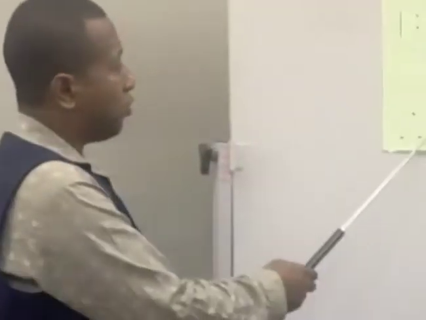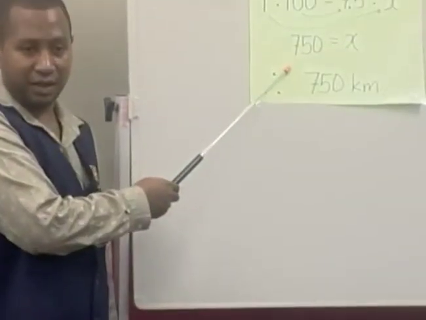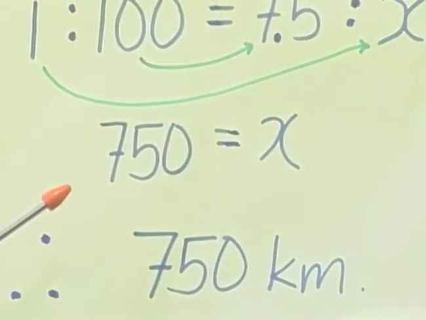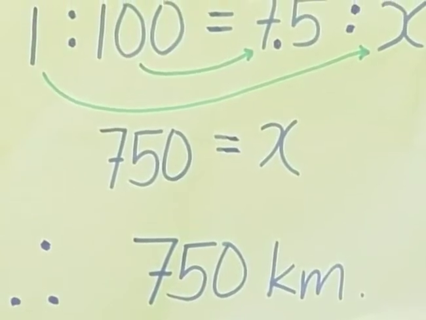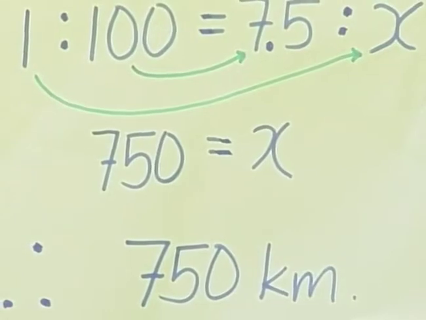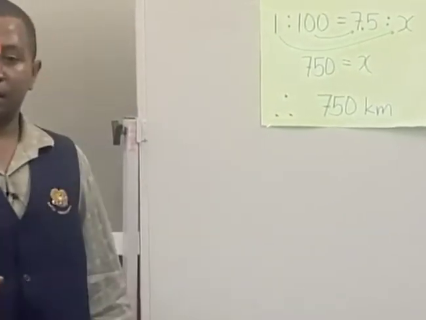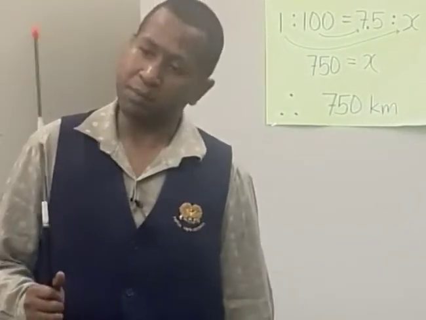Class, look on the board. Okay, this working out was taken when the distance on the map was 7.5 centimeters. Now, if you were asked to find the distance on the ground, then you're going to convert the smaller unit to the bigger unit.